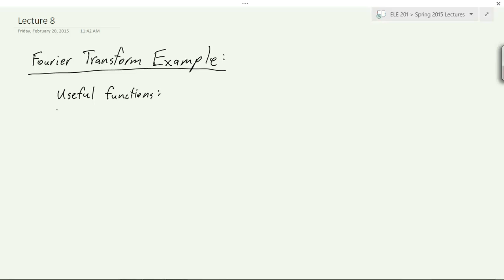First one being the rect function. We just call it rect of t, and it's defined as being 1 when the absolute value of t is less than or equal to half, 0 elsewhere.